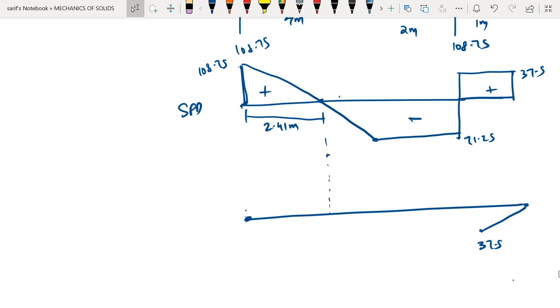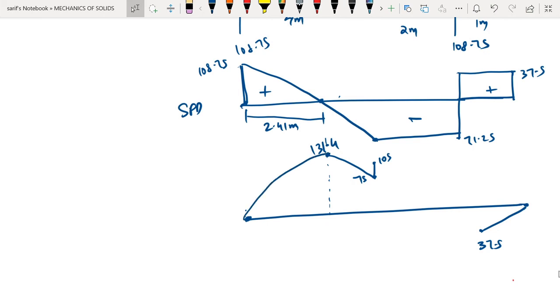So the maximum, let us mark it as, we got it as 131.4 kilonewton meter, and at the point D the values of the bending moment was, one value is 75 and another value is 105. Okay, so we can join this by a curve, and this is a straight line.